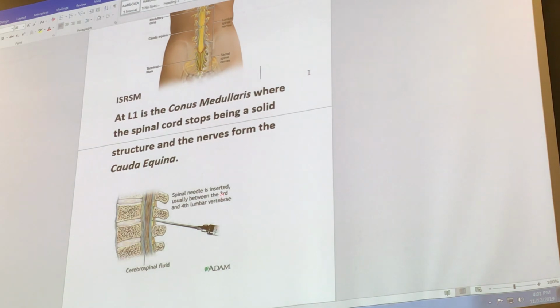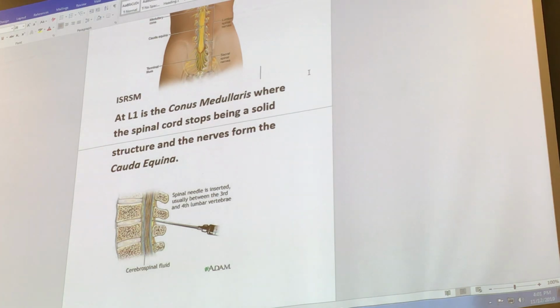And you notice it says usually between the third and fourth lumbar. Why? Because, if you remember, we said that the conus medullaris, that's all the way up at L1, where it's no longer solid. So if you're down between 3 and 4, you're looking at the cauda equina. Now the cauda equina, not being solid, are just like this.